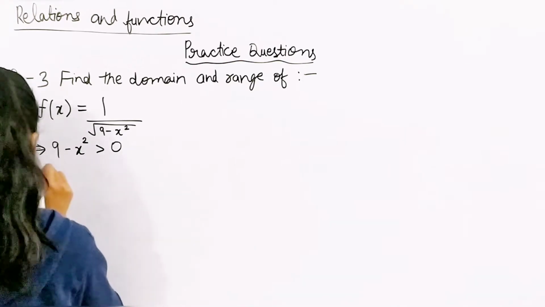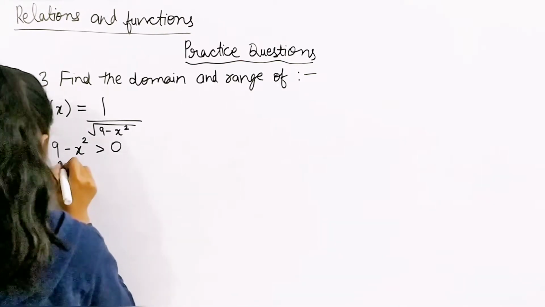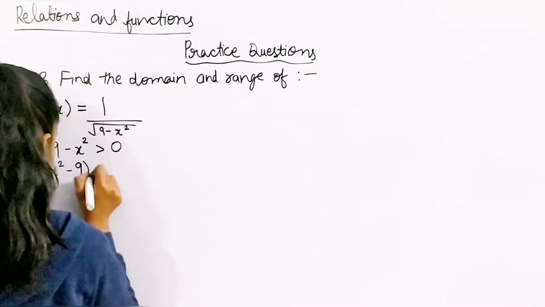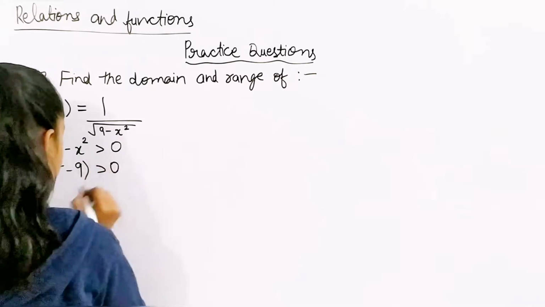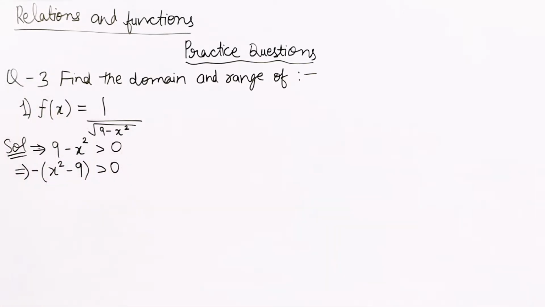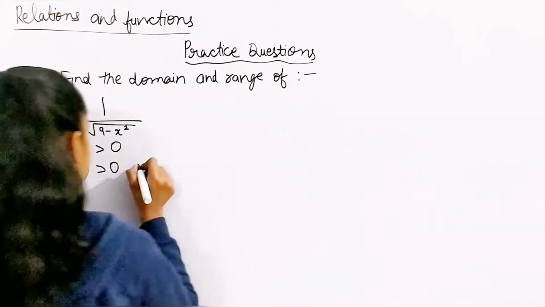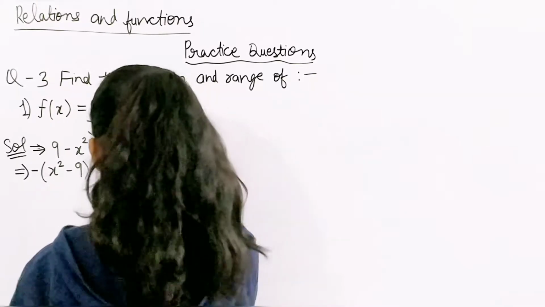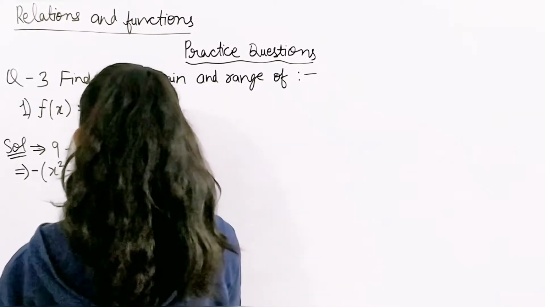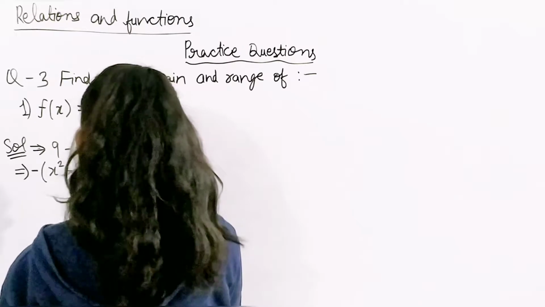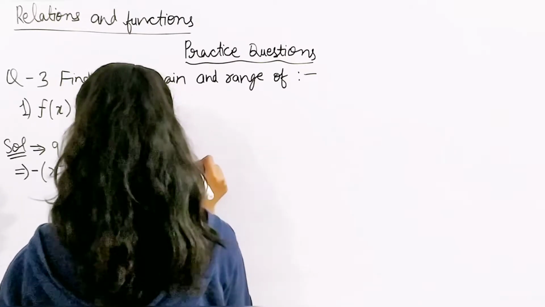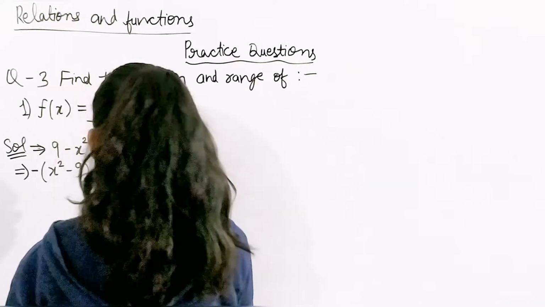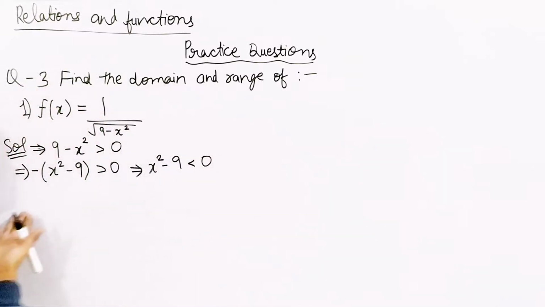Just let me tell you. Have a look at what I exactly did. After this, we're going to write x squared minus 9 is smaller than 0. Just have a look at what we did.